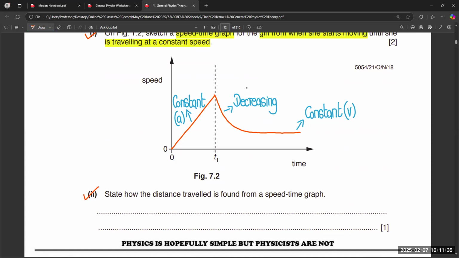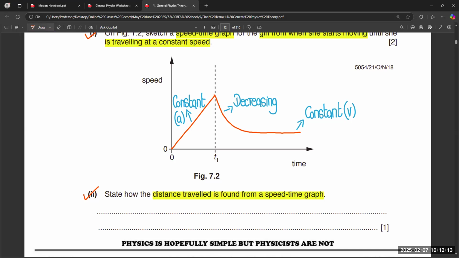And the second part is: state how distance traveled is found from a speed time graph. So if you want to find out the distance from a speed time graph, how can we find it?